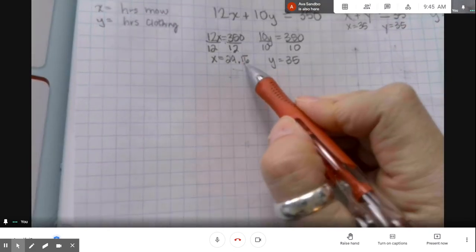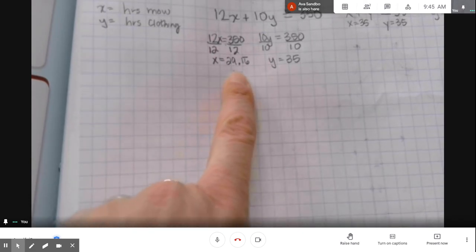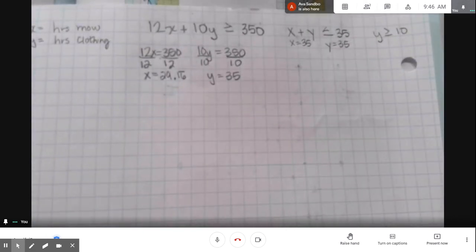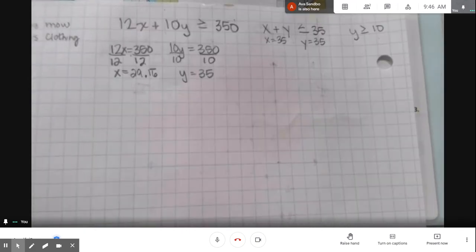That's okay that it's a partial amount right now because we're talking about hours. I don't know that you have to work full hours. We can plot a point somewhere in the middle.